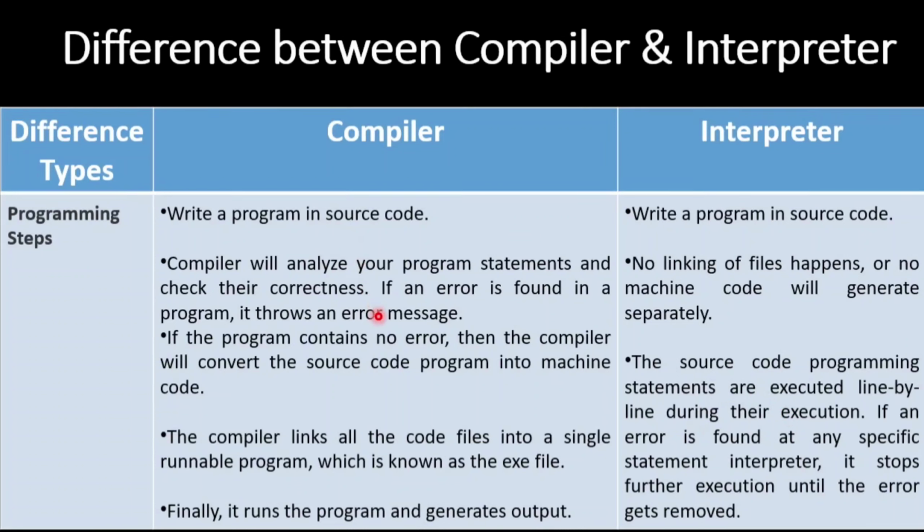Unlike your compiler, which was checking correctness of all your code and then executing it, in interpreter, code is executed line by line. And if any error occurs in a particular line, not the whole program, just that particular line, then it stops the execution until the error gets removed.